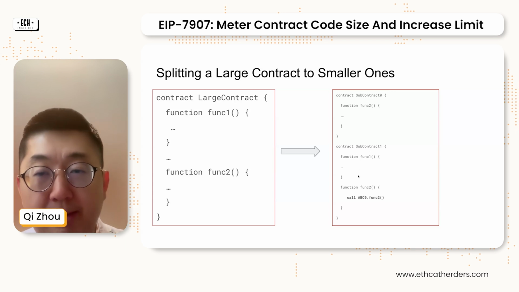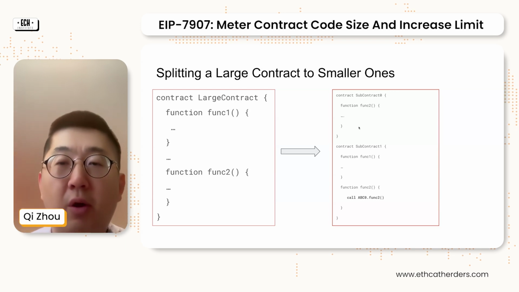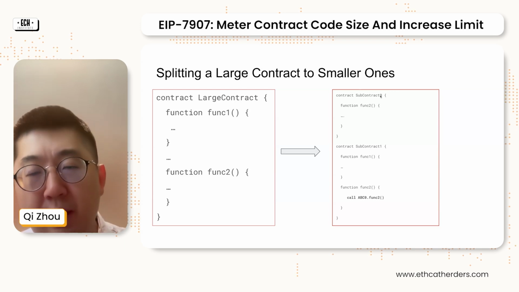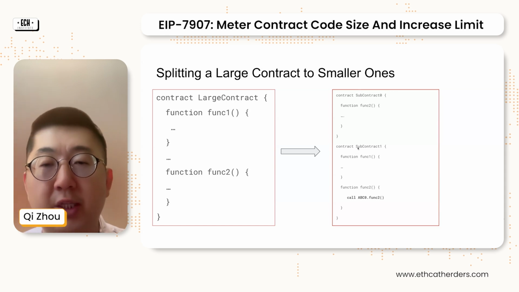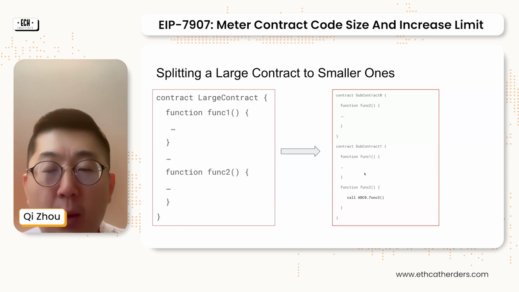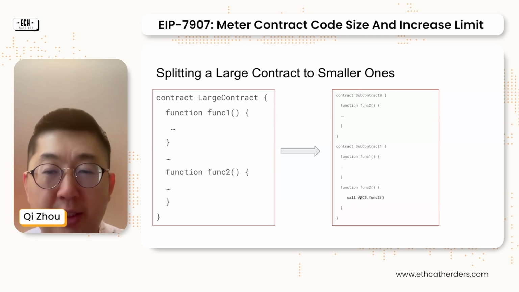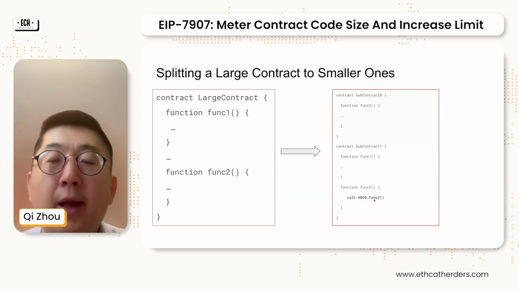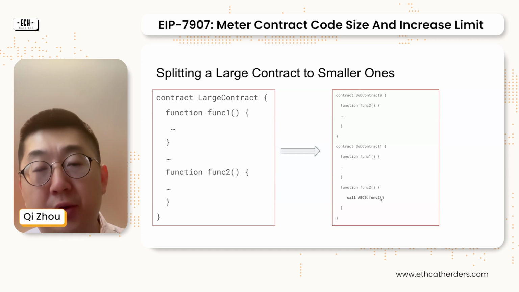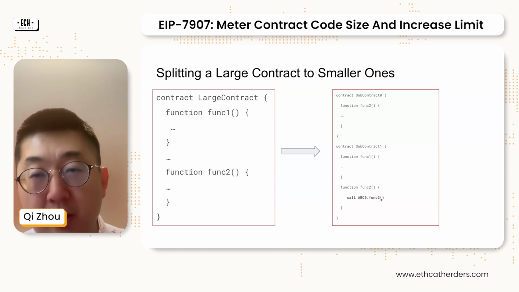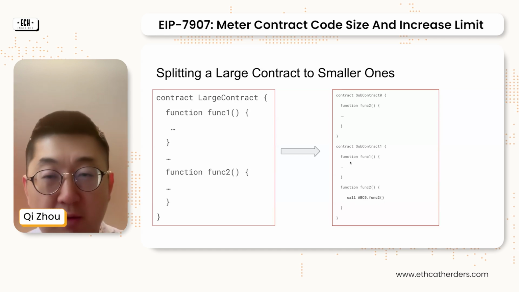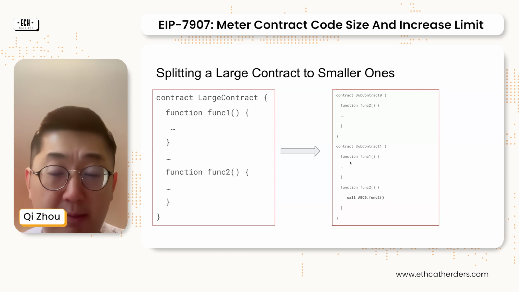For example, part of the logic is put into subcontract 0, and in the main contract we call another function in another contract. Actually, this should be subcontract 0, function 2, so that we can still perform the logic while at the same time circumventing the 24 kilobytes contract limit.